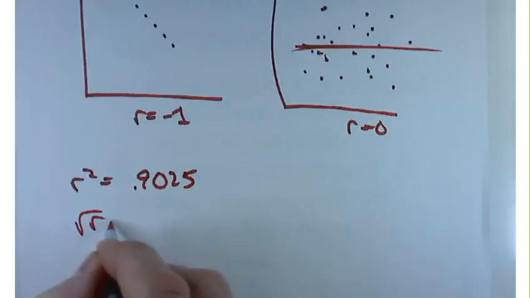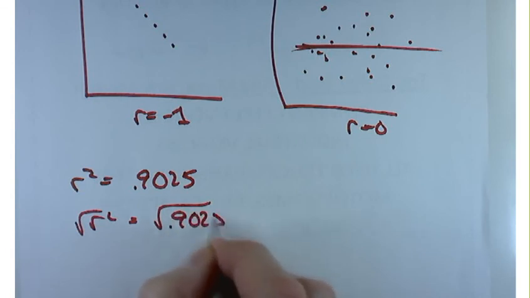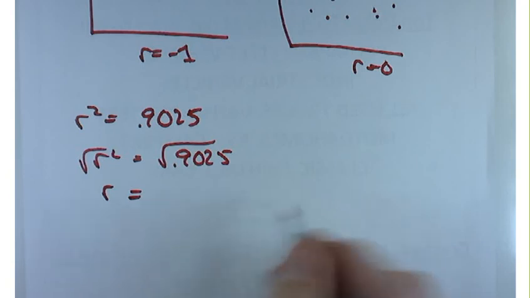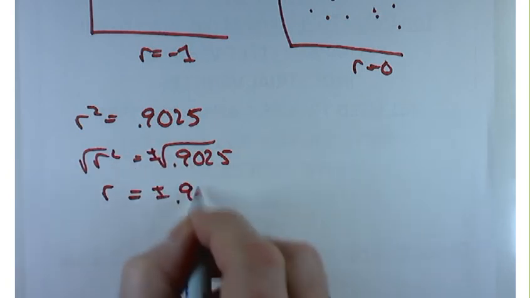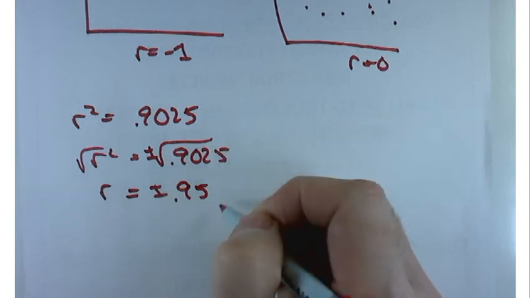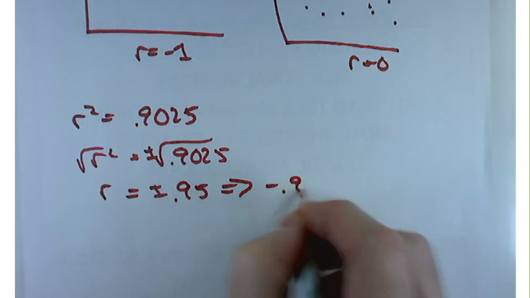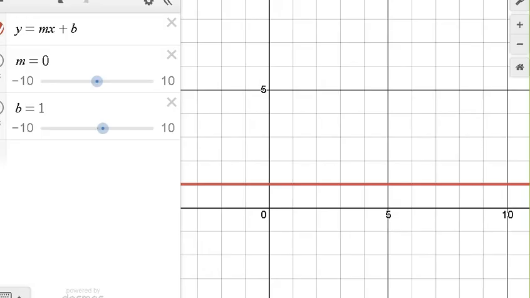If you want r, you can take the square root on both sides. But keep in mind from your work in algebra before you came to this class that there's really 2 roots here, a positive and negative one. So although you can get 0.95 from your calculator here, what you need to know is that that has a negative slope. So the correct choice there would have been a negative 0.95. And a lot of you got that, and that was good.